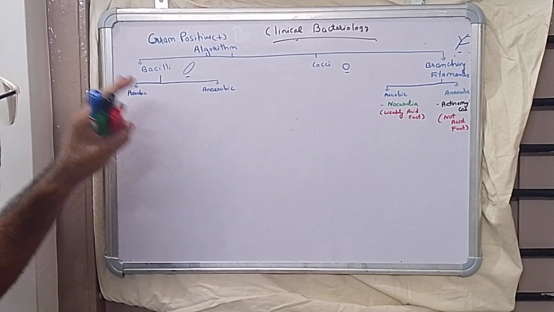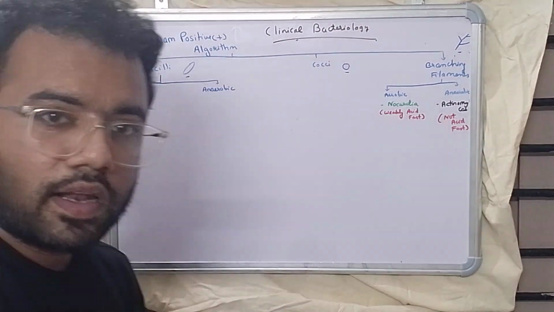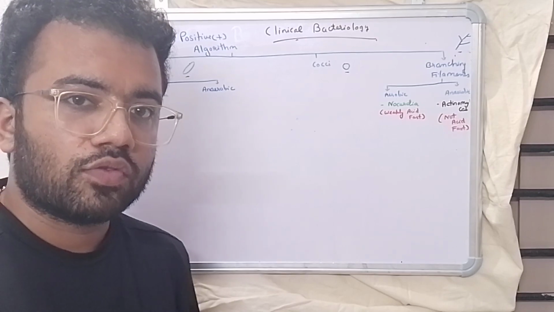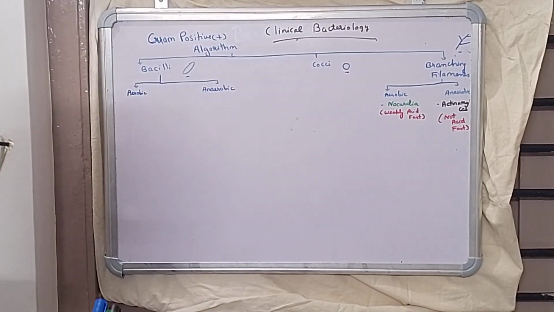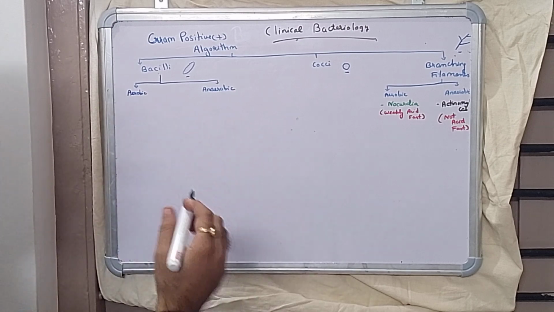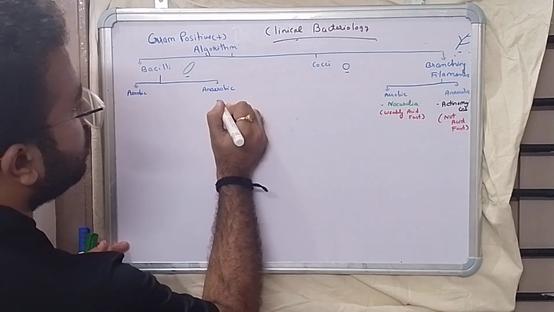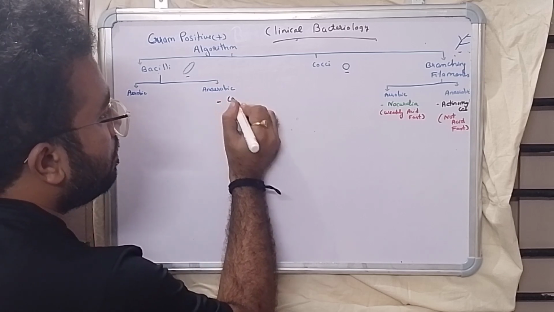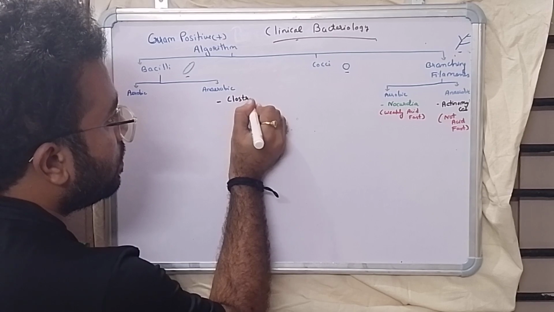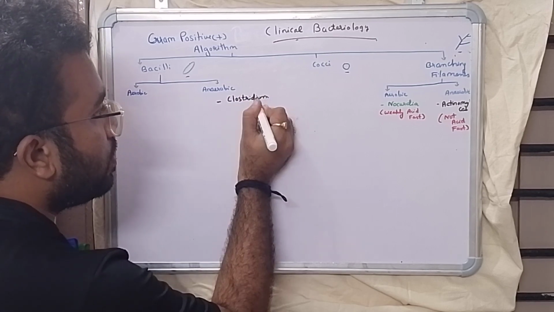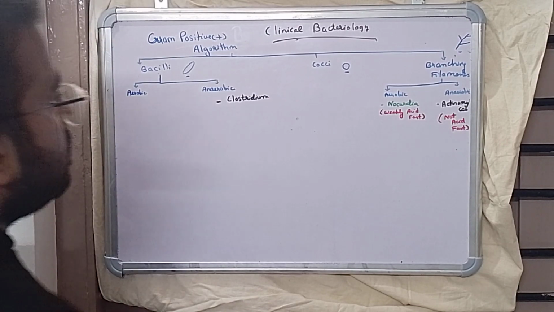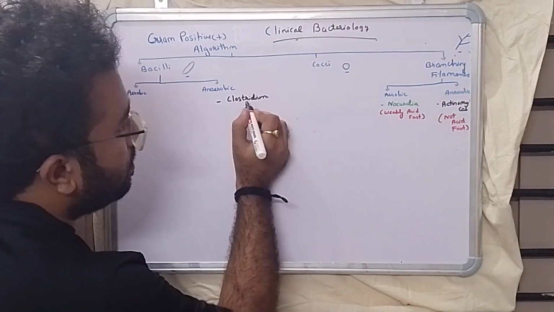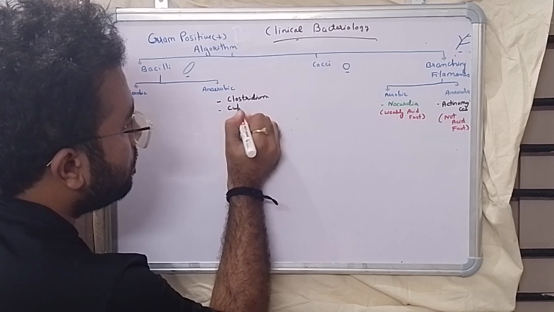Now we will give some examples of aerobic and anaerobic bacilli among gram positive bacteria. It's clear till now, I think, guys, right? So we will go with anaerobic bacilli. What are the examples of anaerobic gram positive bacilli? The first example that comes to my mind is Clostridium. It's very famous if you have read it in your UG years of MBBS. It's Clostridium and Cutibacterium.